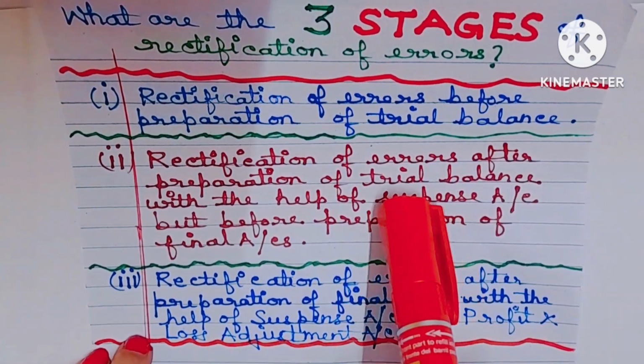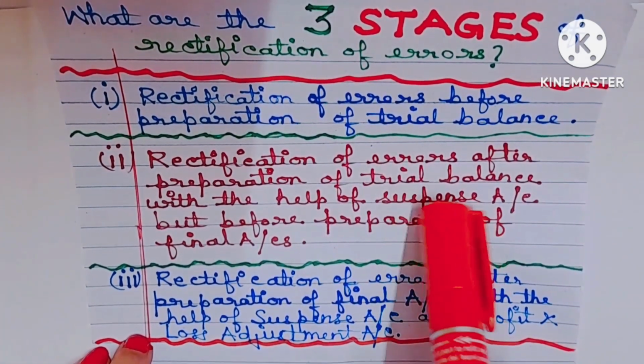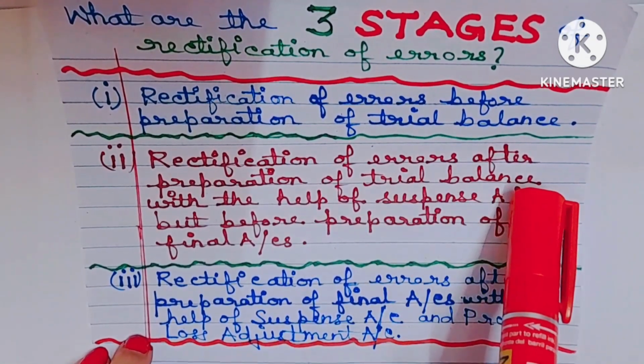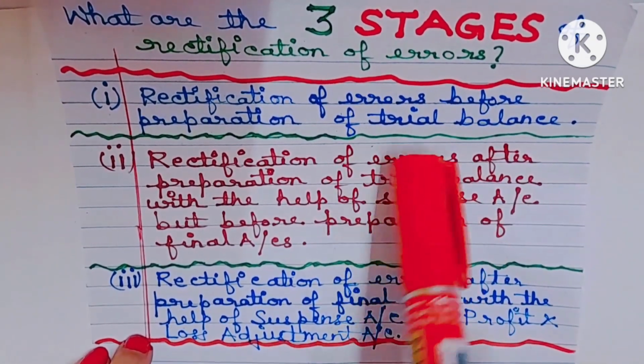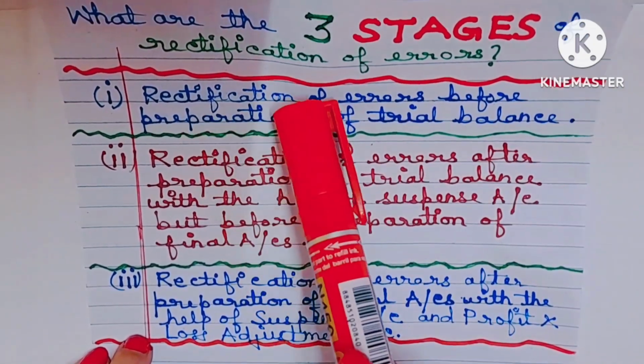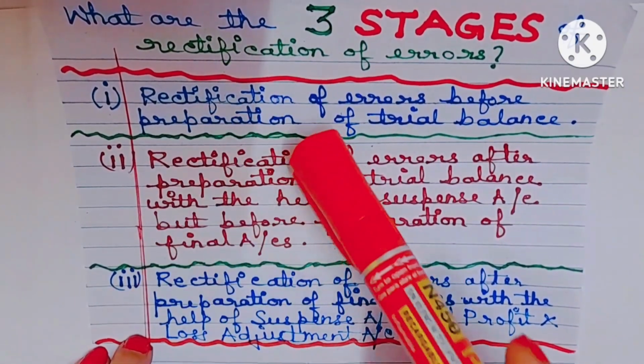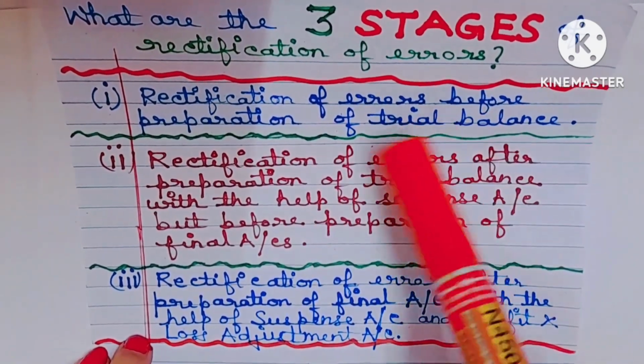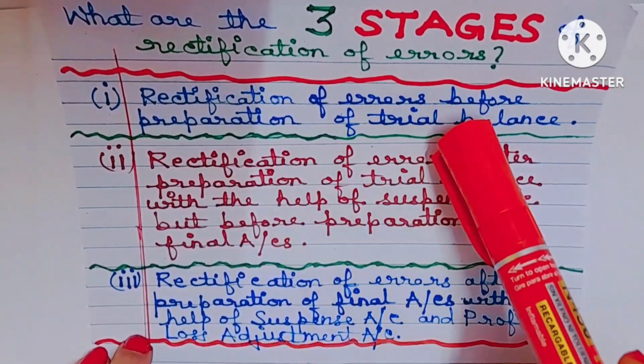Understood? Suppose if the problem says rectify the following errors without mentioning any suspense account, then also it means the problem is about the first stage where to rectify one-sided error you cannot pass a journal entry since you cannot take the help of suspense account.